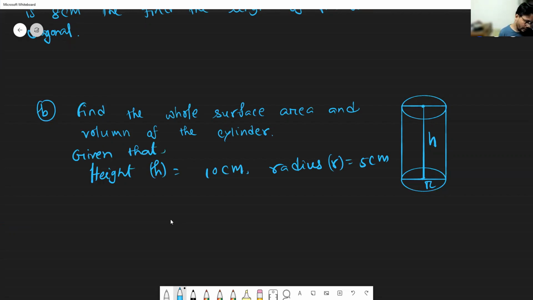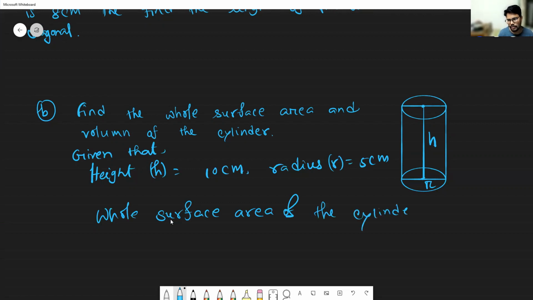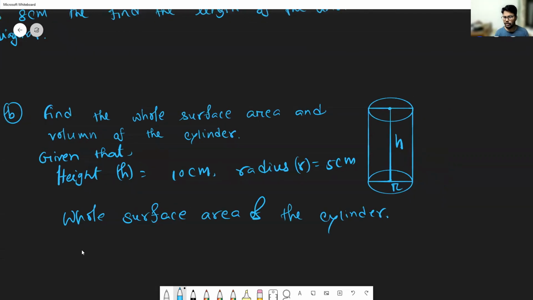Now write the formula. Whole surface area of the cylinder is equals to twice pi r times (r plus h) unit.